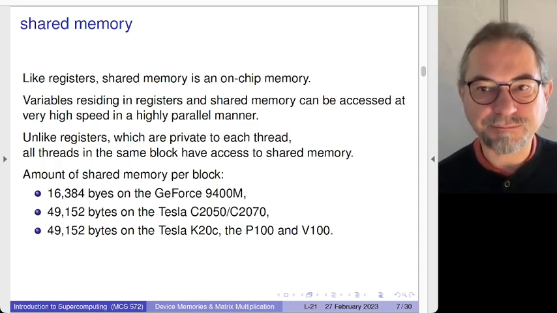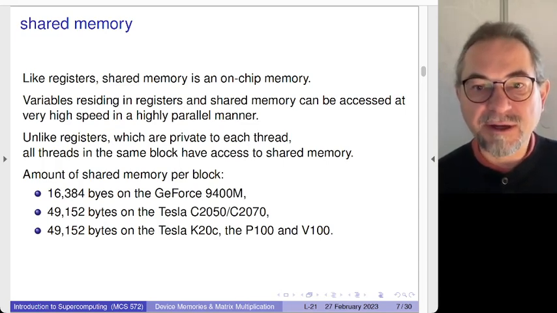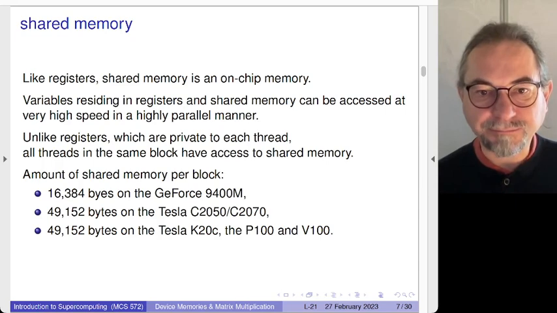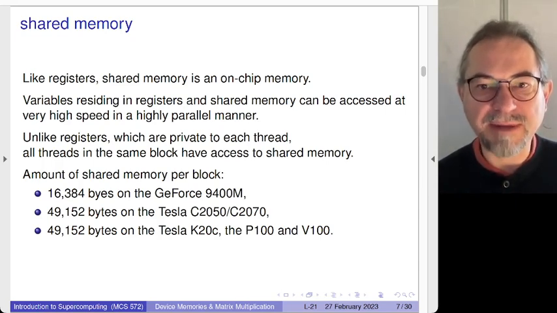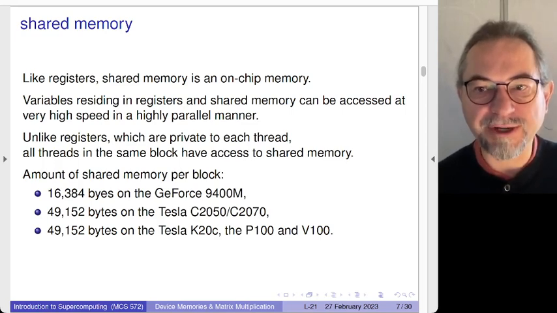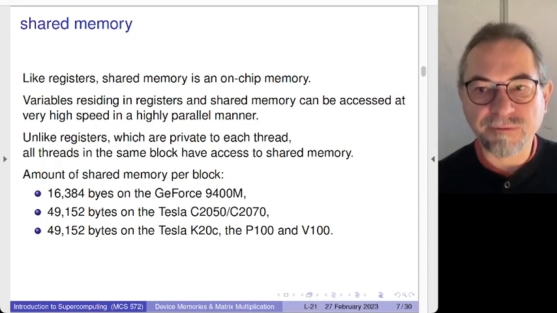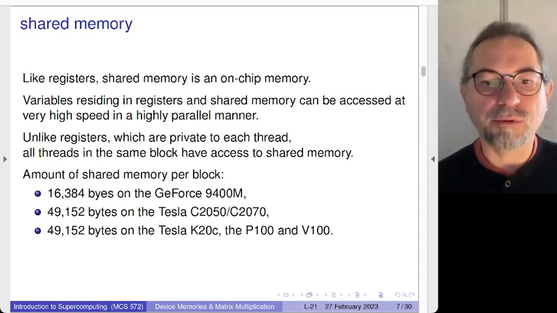The benefit of the shared memory is that this can be done in a highly parallel manner: the reading of the data from shared memory into the registers, or the writing from the registers onto the shared memory, and from there onto the global memory.